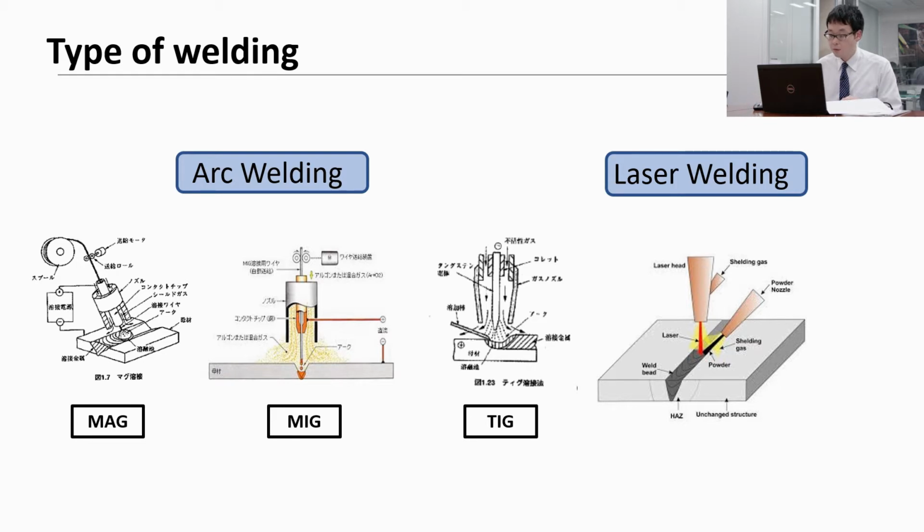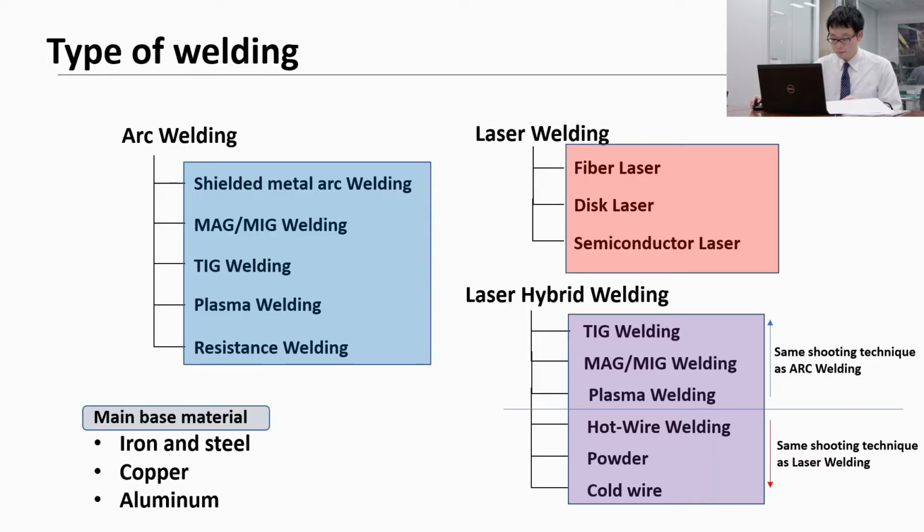In the main types of welding, there are two types: arc welding and laser welding. Especially in arc welding, there are several types like MAG welding, MIG welding, TIG welding, and so on. This is an overview of all types of welding. In arc welding, there are several types like plasma and resistance welding, in addition to MAG, MIG, and TIG welding.